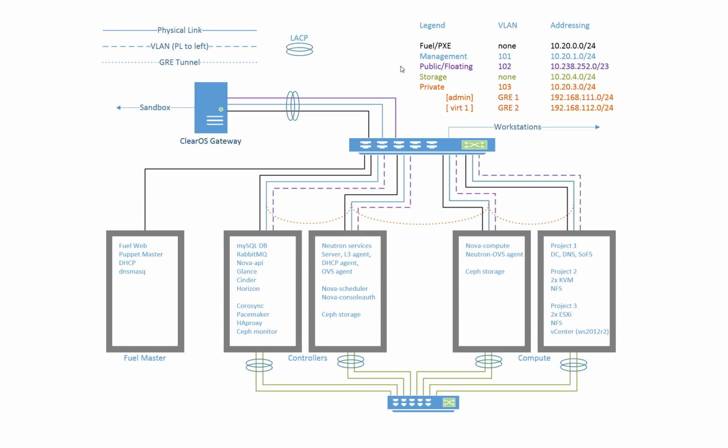This is the terminology that OpenStack uses, the public floating network. The public portion of that is just the IP addresses assigned to each of the servers that is routable to the internet and accessed from other portions of the network. That would be like the dashboard.